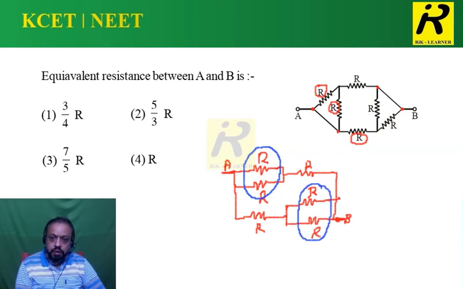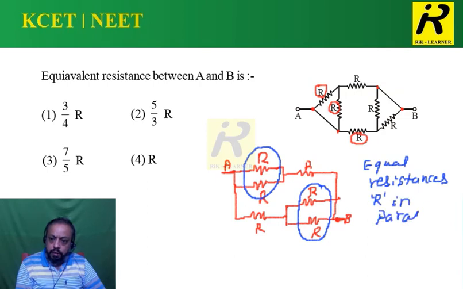When 2 equal resistors or resistances are in parallel, the effective will be R divided by 2, right? So the effect of these 2 will be R divided by 2 and R divided by 2.